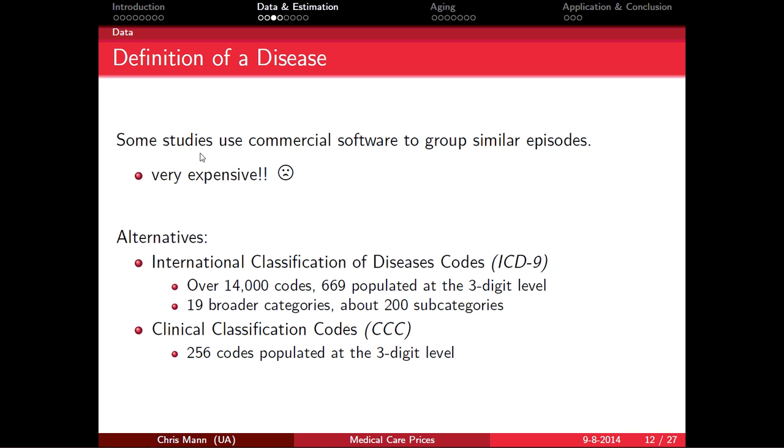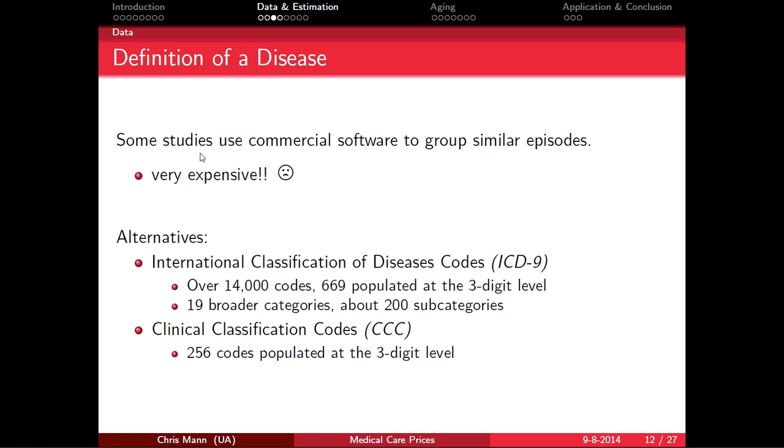Now, the problem is that there are a lot of different diseases. So are we just going to pick a handful of diseases? If we just pick a few, then we might not be fully representing how medical inflation throughout the economy is actually behaving. But at the same time, we can't treat each disease individually.